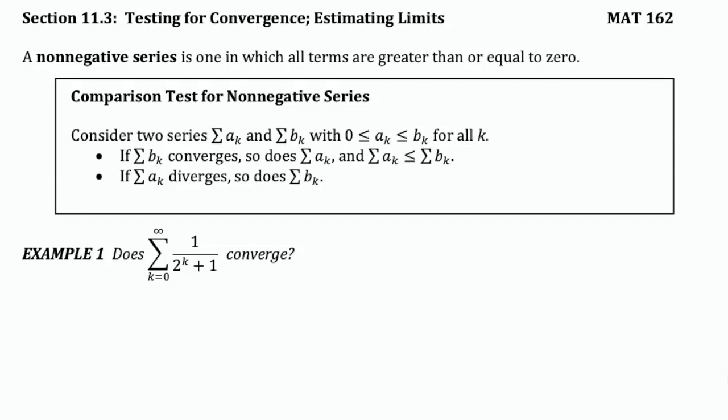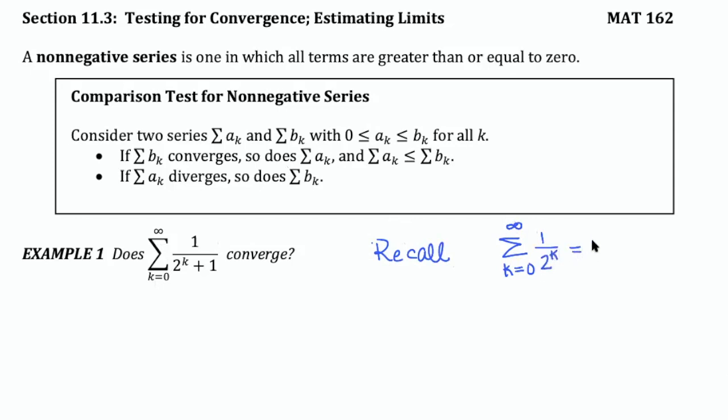In example 1, I'm looking to determine, does the series, as k goes from 0 to infinity, of 1 over 2^k plus 1 converge? I'm going to bring back something that we looked at in a previous section, which was the series where k goes from 0 to infinity of 1 over 2 to the k power.